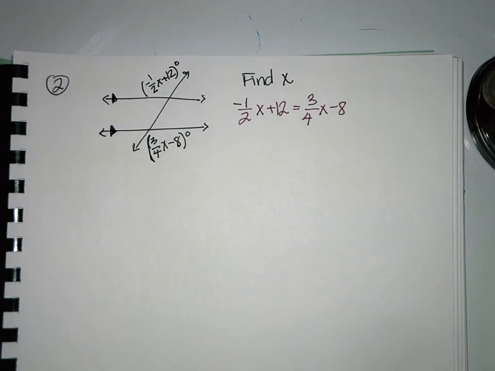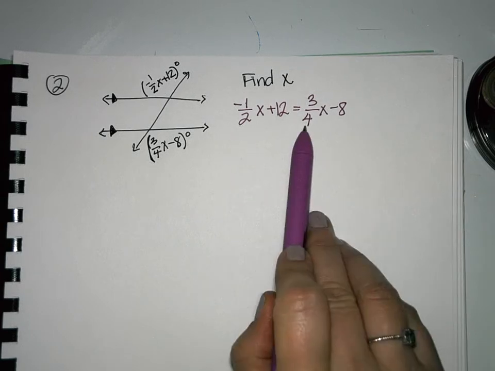Okay, how many of you guys like adding and subtracting fractions? Okay, that's usually the response. So, do you guys know how to get rid of the fractions so you don't have to? We multiply. What do we multiply by? We have to go bigger than 2 because we want to consider both denominators.